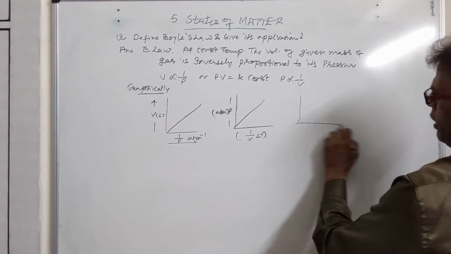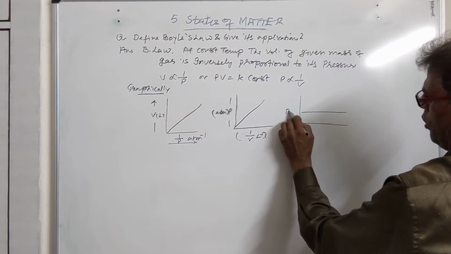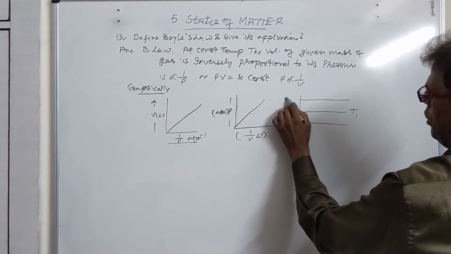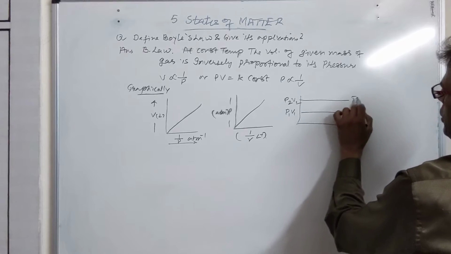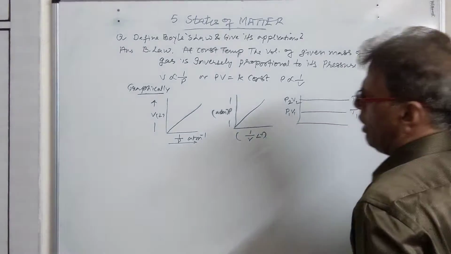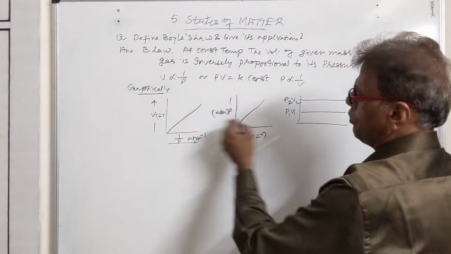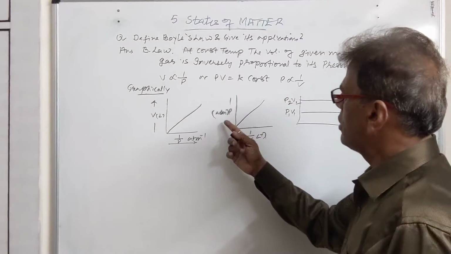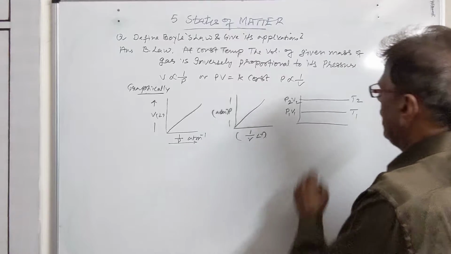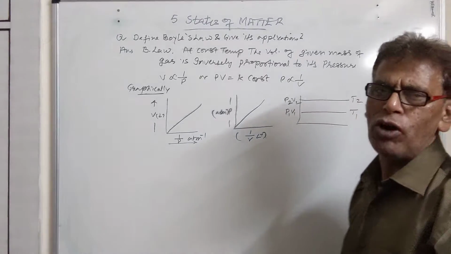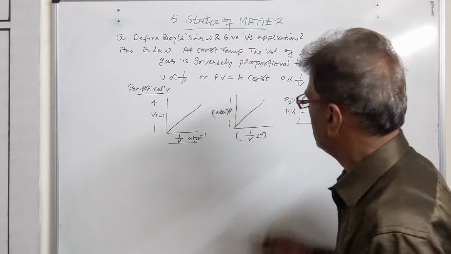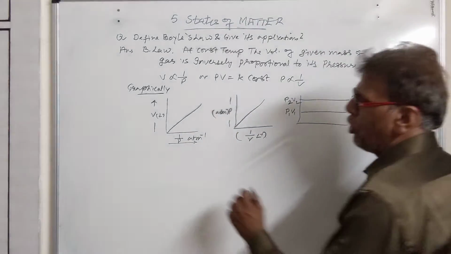Then if we plot a graph between the product P1 V1 at temperature T1, P2 V2 at temperature T2, these are straight line graphs. So these prove that V is inversely proportional to pressure, P is inversely proportional to volume, and the product of pressure and volume at a particular temperature remains constant, that does not change. So this demonstrates our Boyle's law.